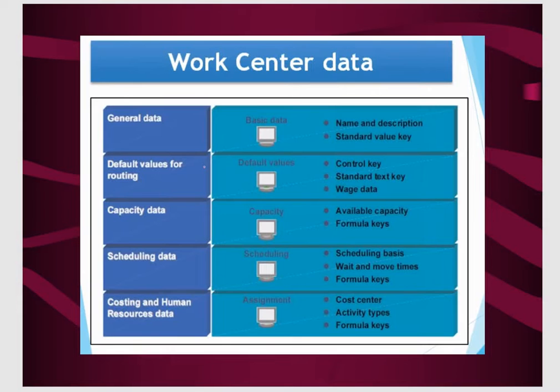In the capacity data, you have to maintain available capacity and formula keys, and in the scheduling data, you need to maintain scheduling basis, wait and move times, formula keys. And the costing and human resources data, which is basically related to being forwarded to the HR person for the costing and everything, you have to maintain the cost centers, activity types, and the formula keys.